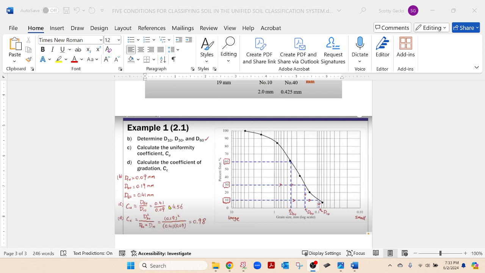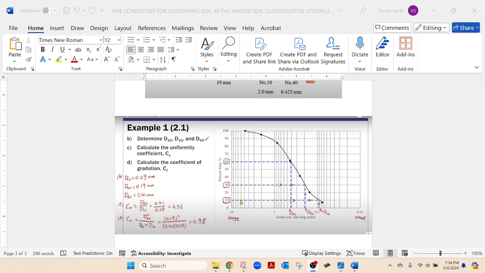You can see this guy's already done it for us, but let's look at how we do it using a grain size distribution curve. Let's start with the D10, the 10% passing. It's used in a couple of different places. Let's figure out the particle size for the 10% passing.